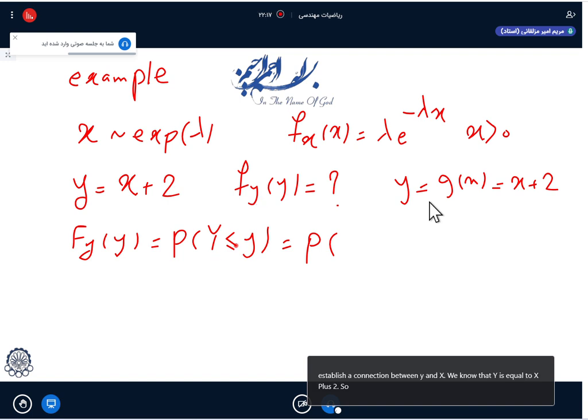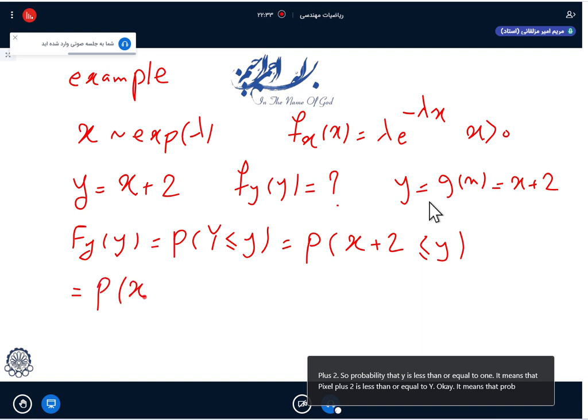So the probability that y is less than or equal to y means that x plus 2 is less than or equal to y. It means the probability that x is less than or equal to y minus 2.